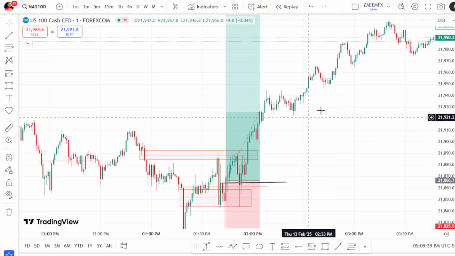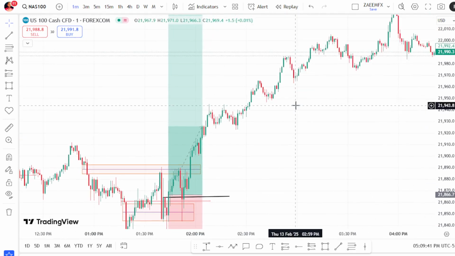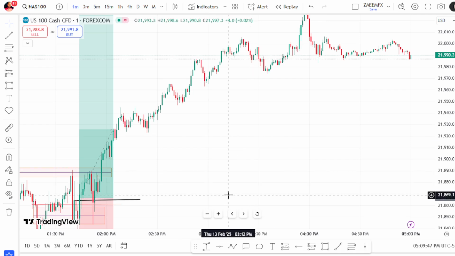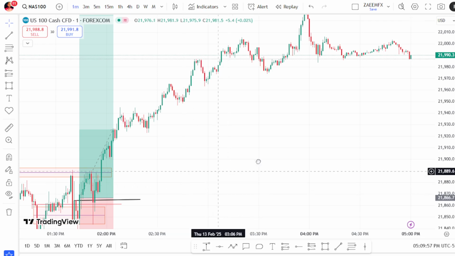Maybe tomorrow, then the algorithm will use that volume and send price lower to the levels where it's supposed to reach. Then after that, you see another buy from that place. That's how the algorithm is operating.